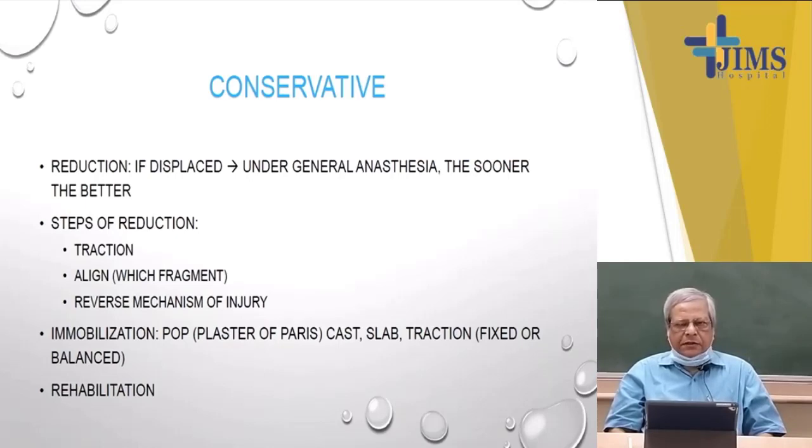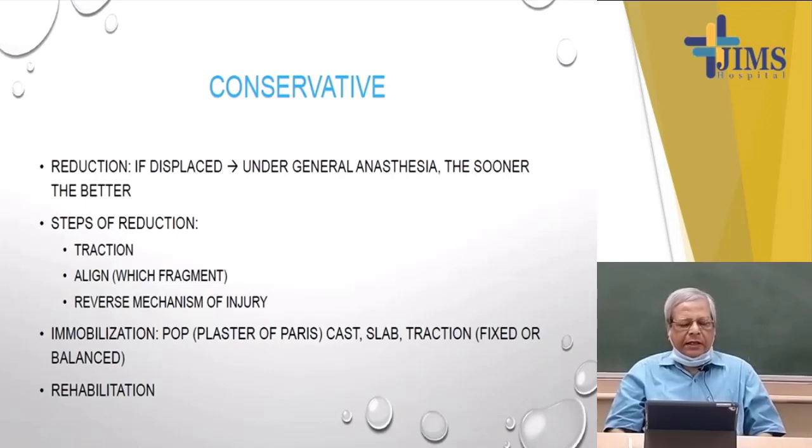In many cases, after the fracture, due to the muscle pull, the two fragments, or in cases of comminuted fractures, multiple fragments, get displaced. Or there may be some overriding, or there may be some bending also. So it has to be reduced.